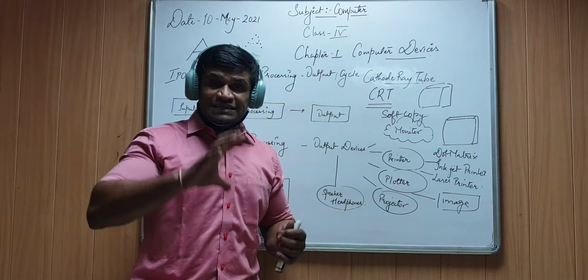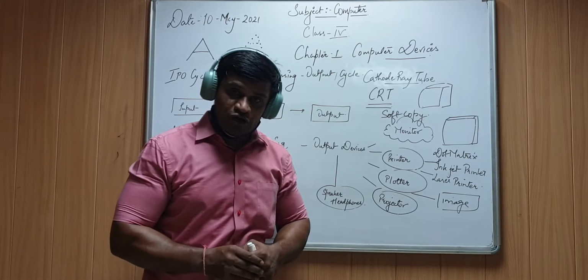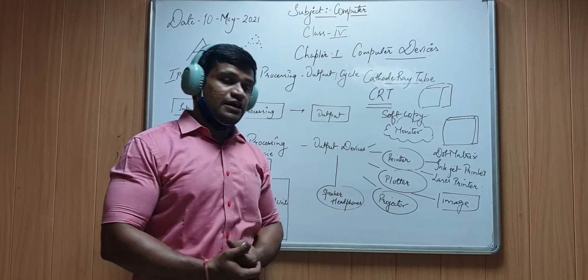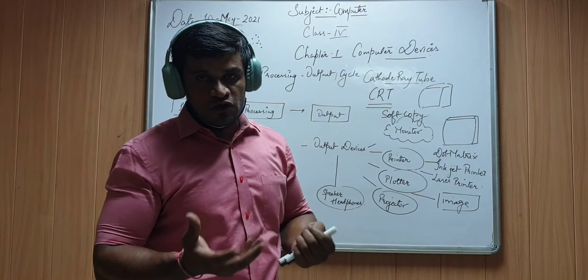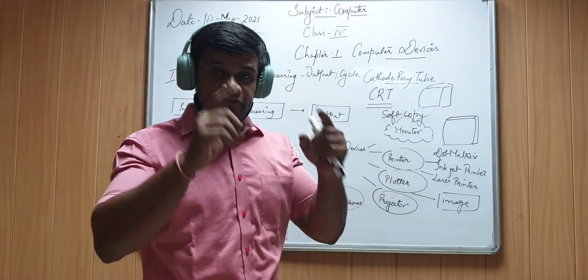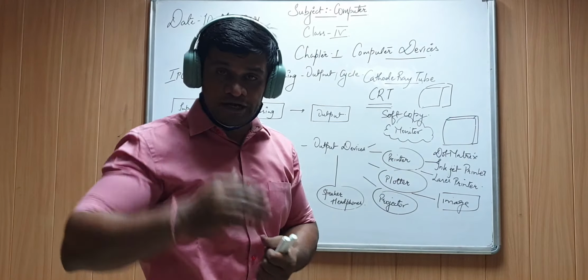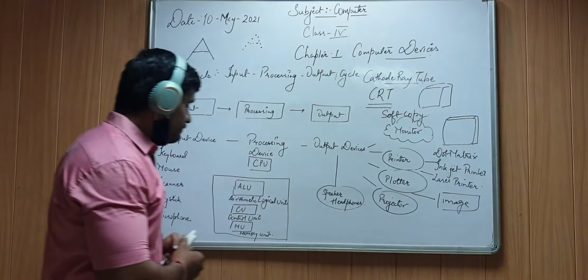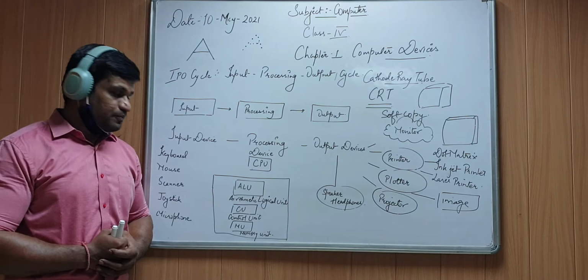Projector projects the image or the video over a screen, that's also an output device. And speakers and headphones help us to listen to the audio part. That's also output because they are generating the sound which has been recorded or which is running right now.